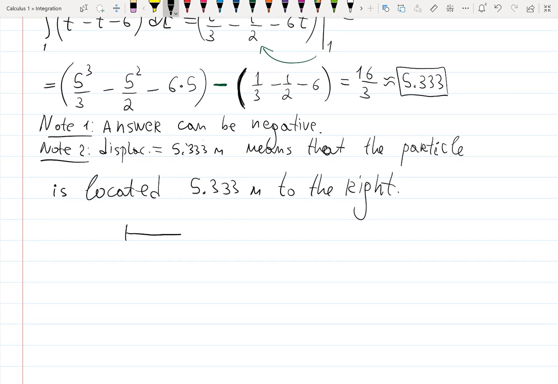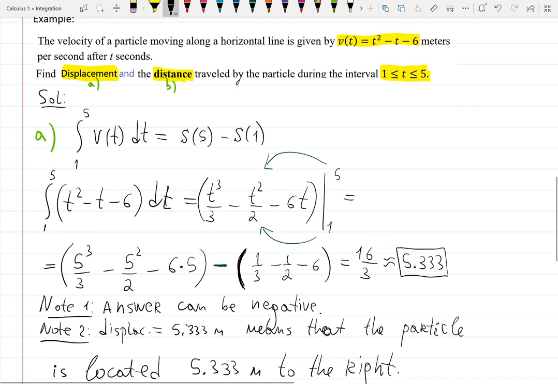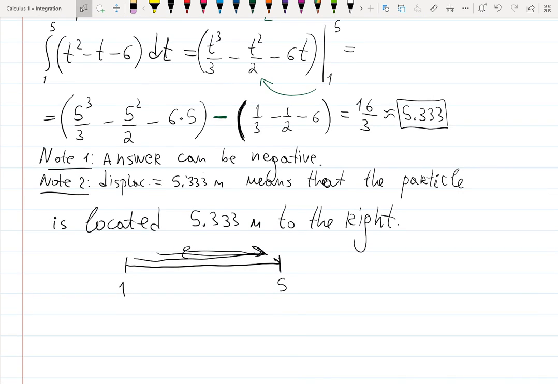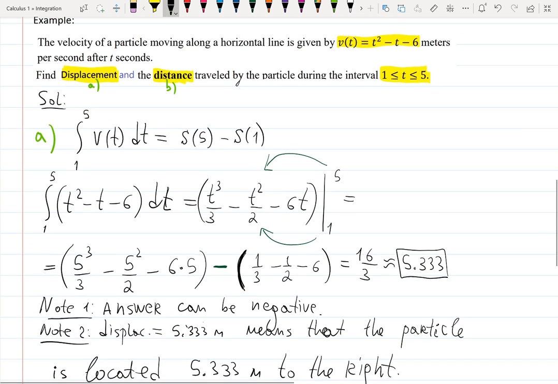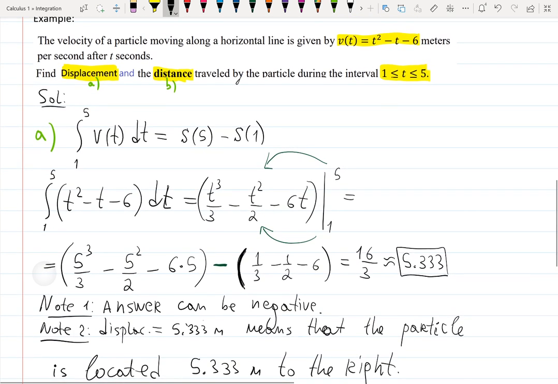So we don't know how much the particle traveled from 1 to 5. Maybe the particle came here, then came back, and so on and so on. Oh, that's actually 1 and 5, it's time, so that's not the interval. From 0 to infinity, the particle keeps traveling following the velocity function t squared minus t minus 6.